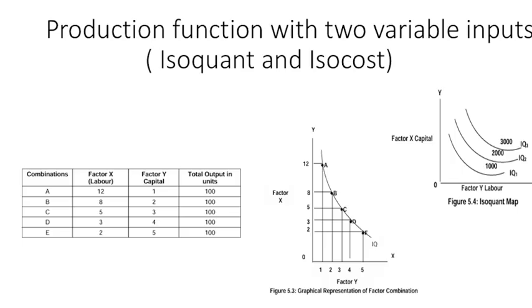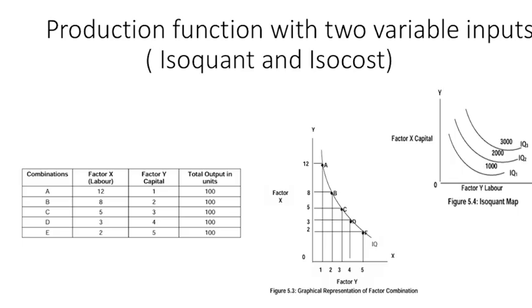See, if you plot a graph of this tabular column, you will get an isoquant line. Here we can see point A, point B, point C. Here all have the same level of output with varying combinations of input factors. Okay, if the isoquant line moves upwards, then we need more factor inputs.